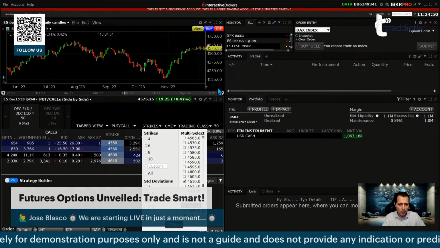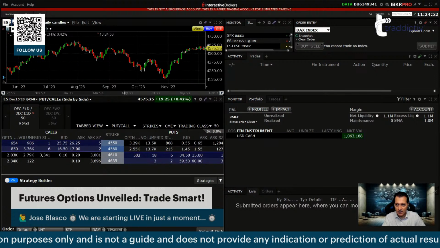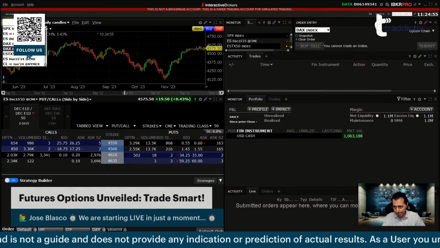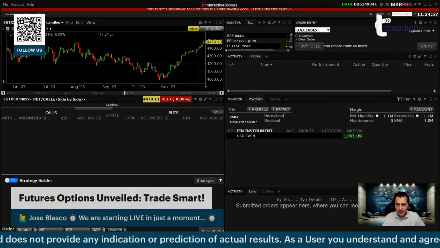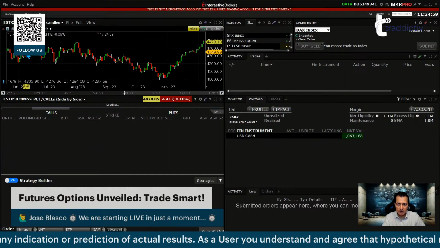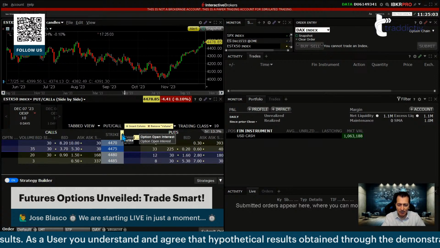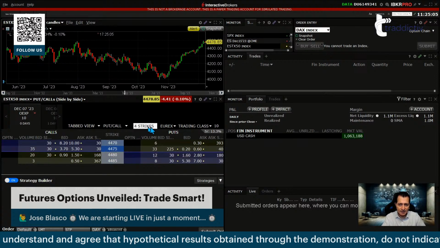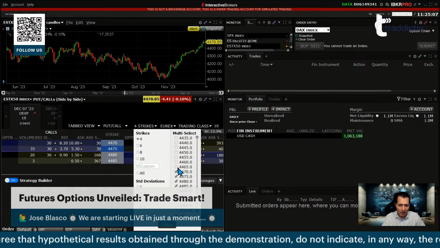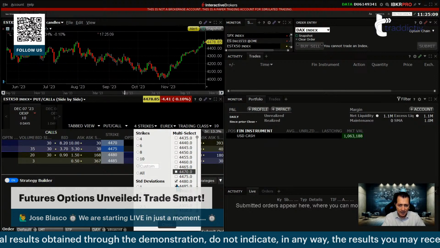Whereas if you were to do this trade with Eurex options, and since I mentioned DAX, I'll mention DAX in a moment too. So again, it doesn't matter what your strike increment is.